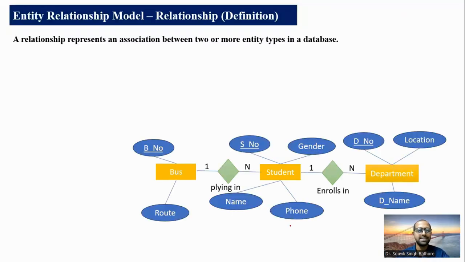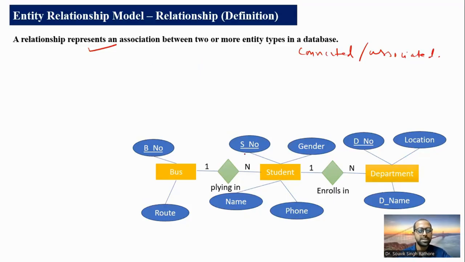So what is a relationship? A relationship represents an association between the different entity types in the database. In simple words, a relationship tells us how different entities are connected or associated with each other.